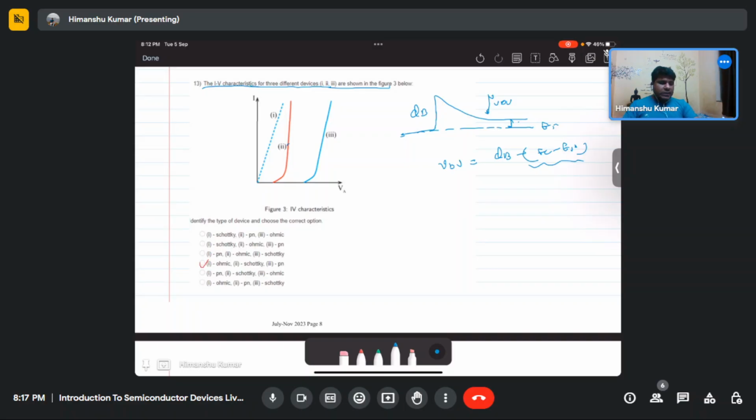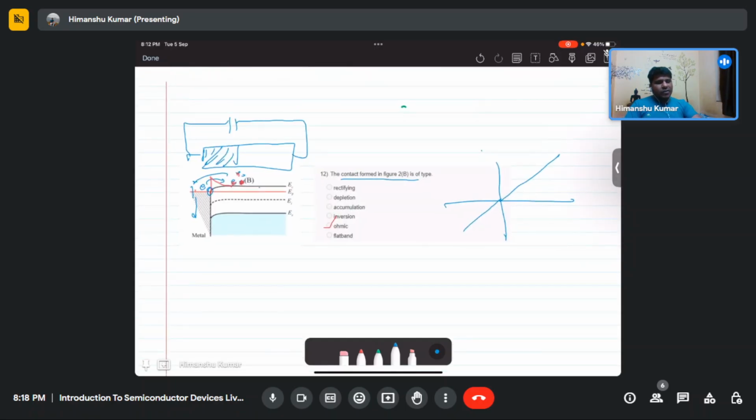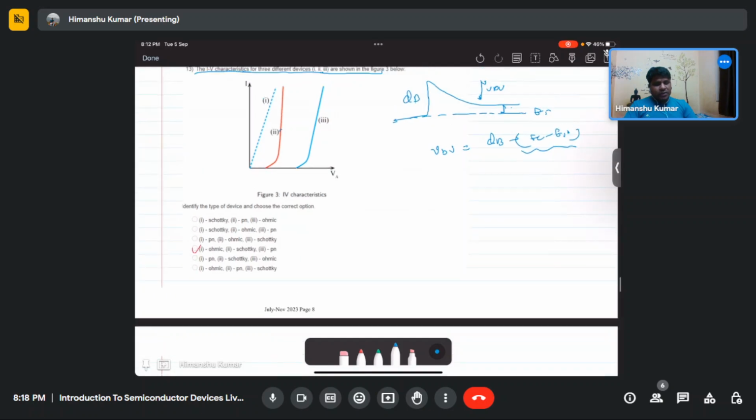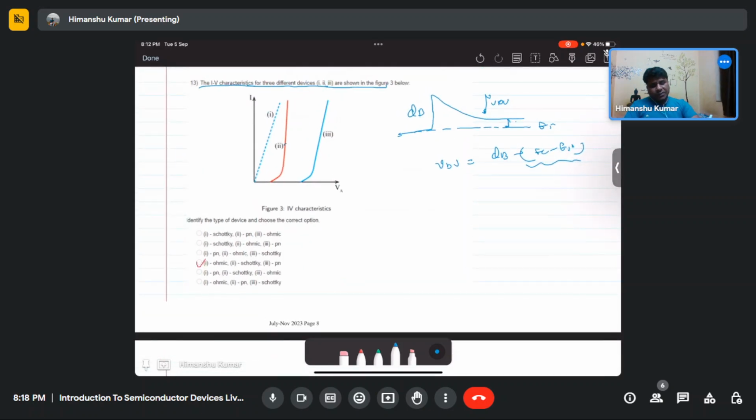So the first characteristic, as we have discussed here, the ohmic contact will have a characteristic like this, that has a band diagram like this. So this one is basically our ohmic, because this is linear in current and voltage. Second, in our Schottky case, J is basically equal to Js T squared times exponential of Va by kT minus 1.